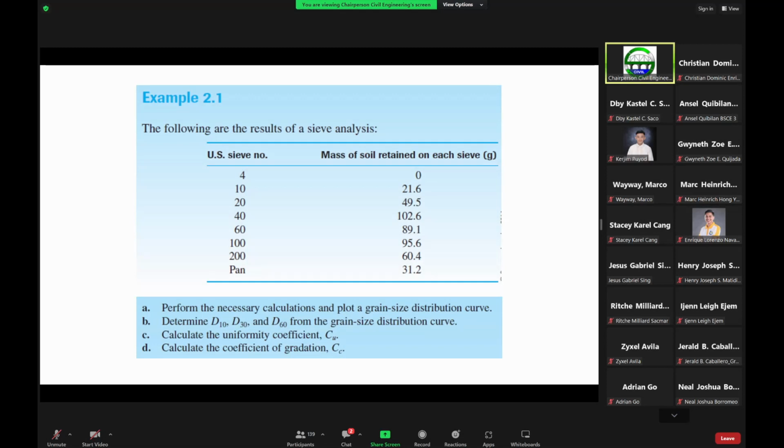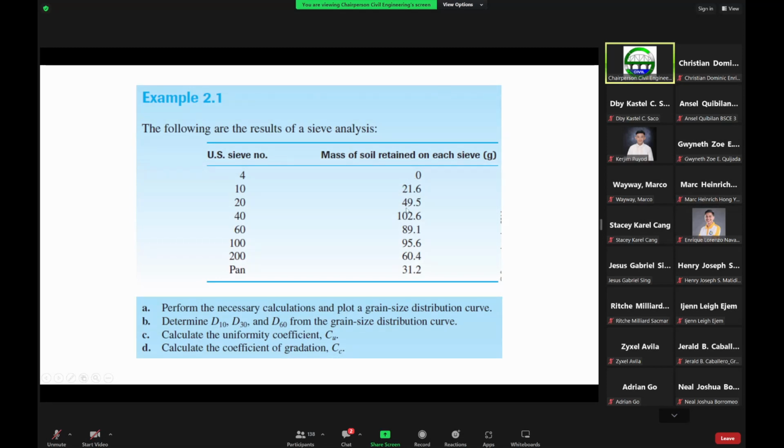We have here the number 4 sieve, number 10, number 20, number 40, number 60, 100, 200, and pan. In the lab, you measure the mass of soil retained on each sieve, such as in grams. For example, in this pan, there's no soil left. That's zero.